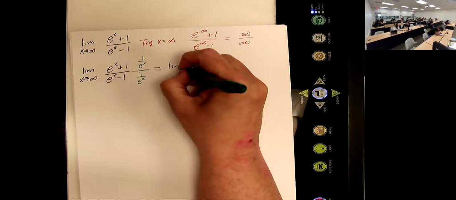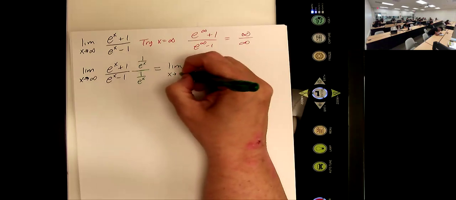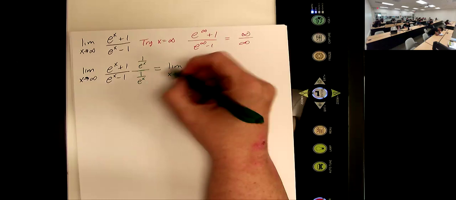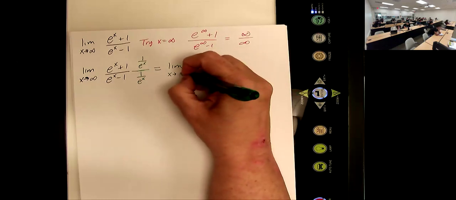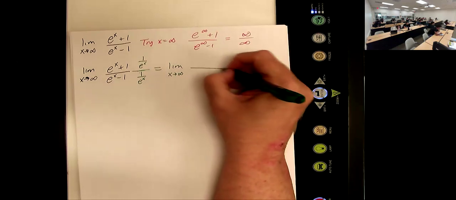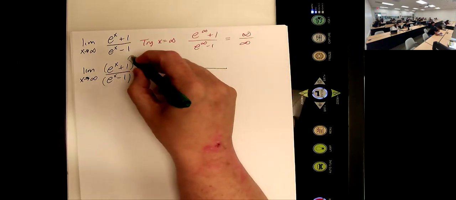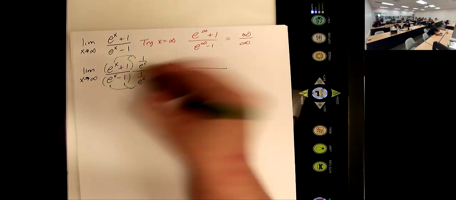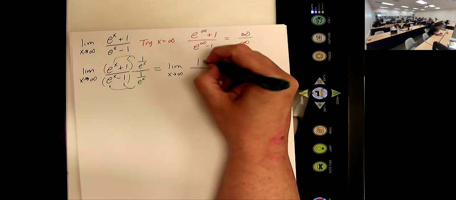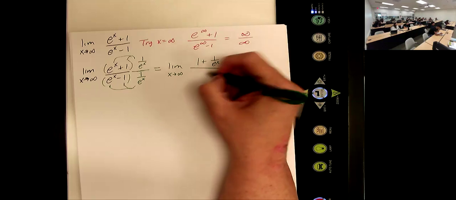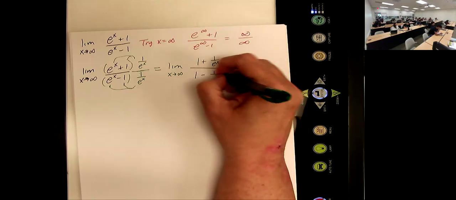We know e to the x never equals 0, so this is a valid operation. Distributing it to both terms on top and bottom, this becomes 1 plus 1 over e to the x, and 1 minus 1 over e to the x.